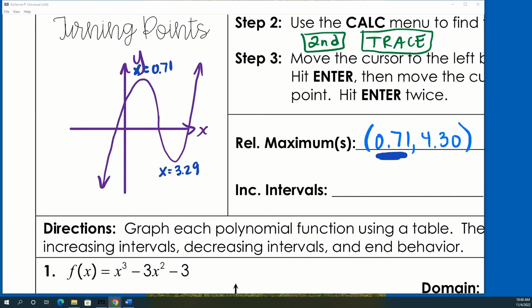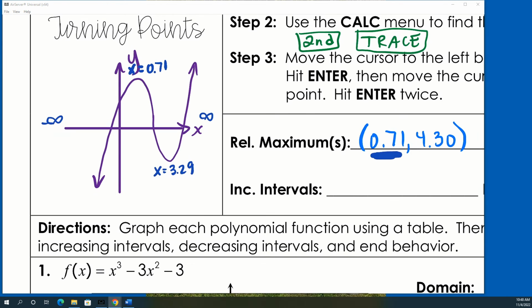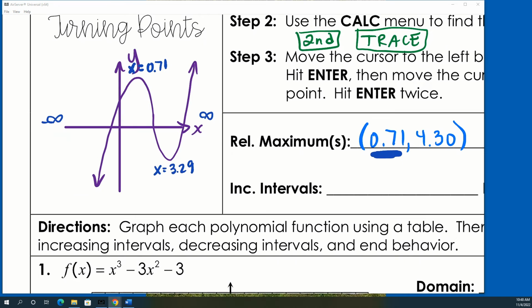And then I also know as far as I can go to the right is infinity, and as far as I can go to the left is negative infinity. Okay. And so this one, I know I'm increasing right here and right here, and decreasing right here.